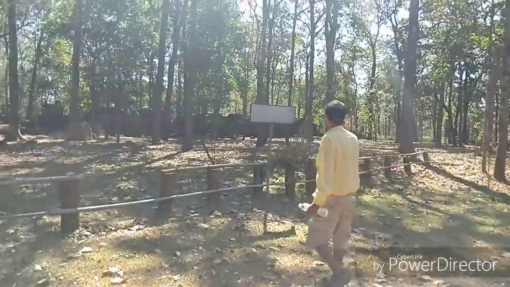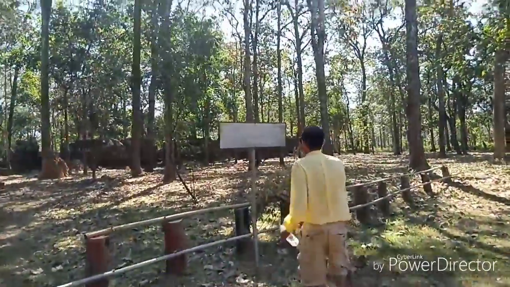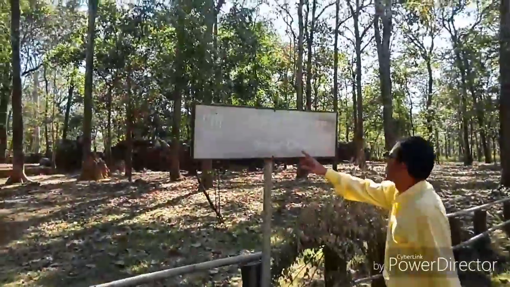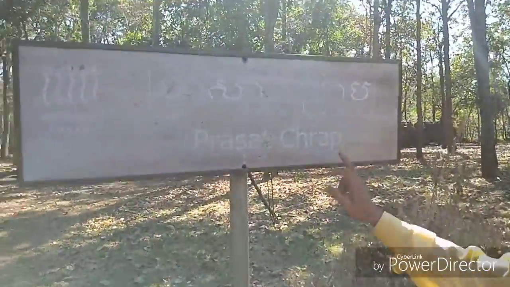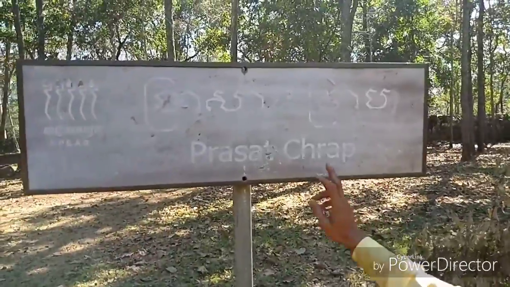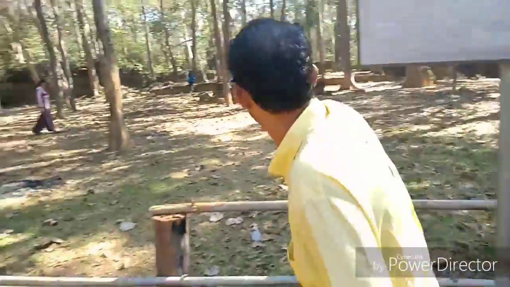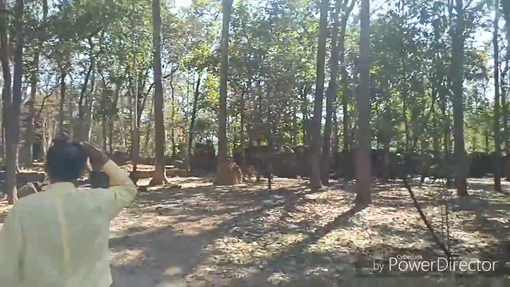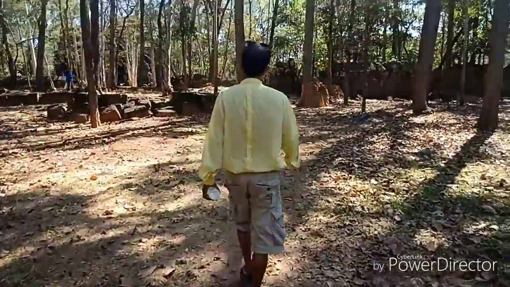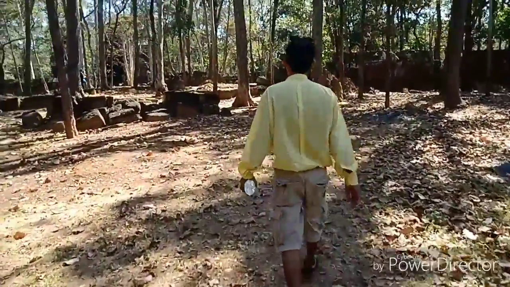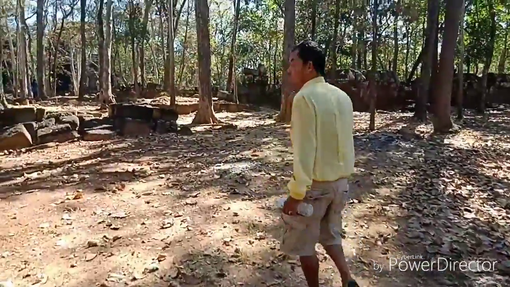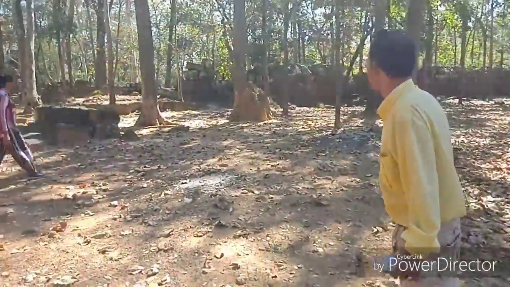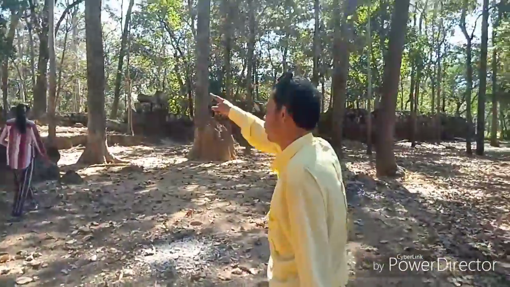This is the entrance. We call it Prasat Krachap in the Koh Ker group. So this is very beautiful here. The temple is very nice. It's built from 3 kinds of stone. So take a look at the walls around here.